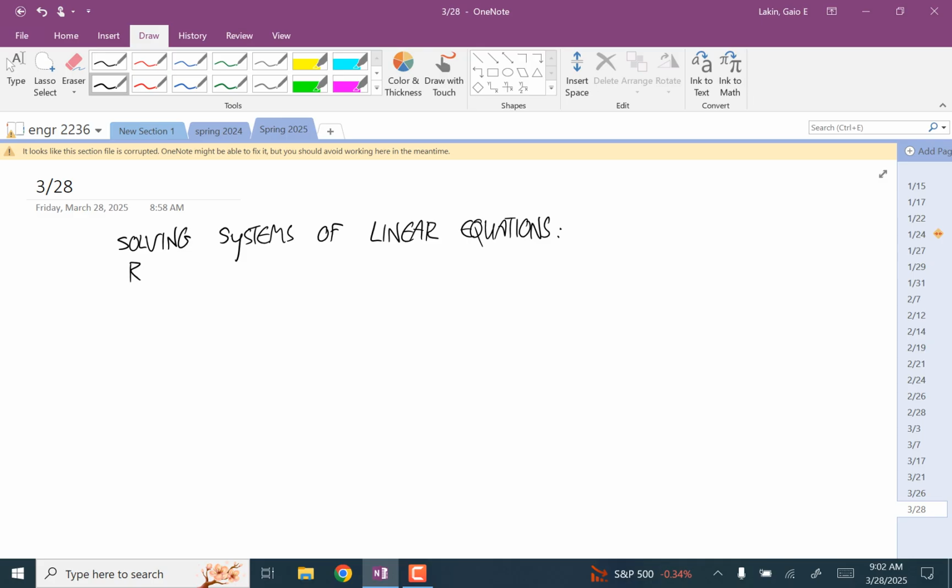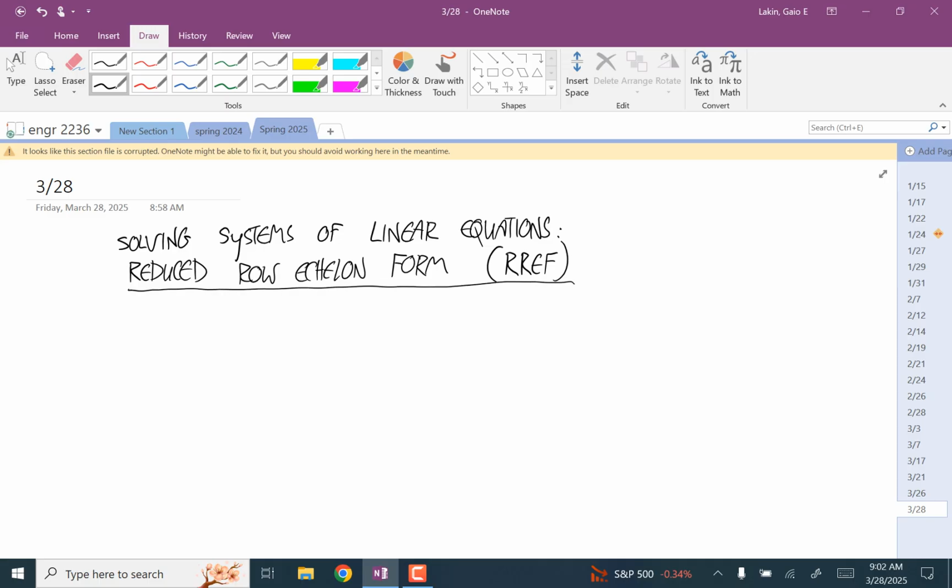And the approach is called reduced row echelon form, and it's almost always abbreviated RREF. And the way it works is like this.